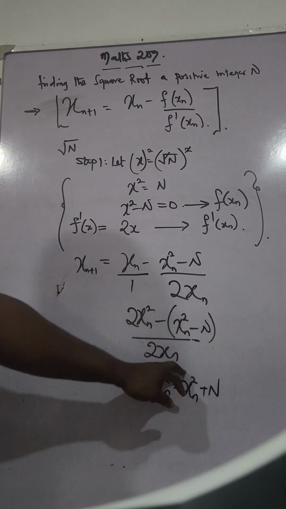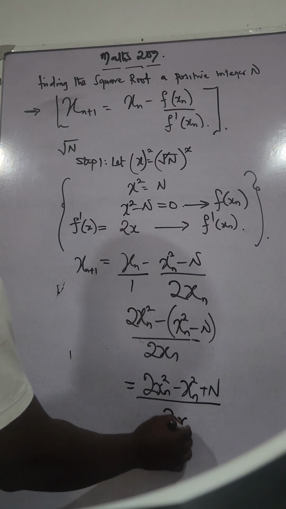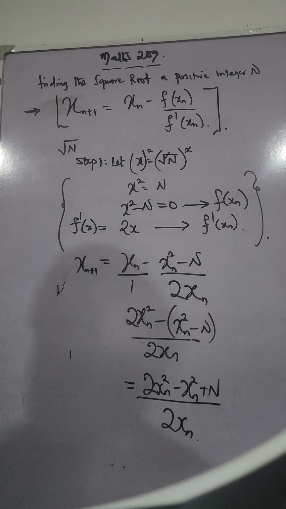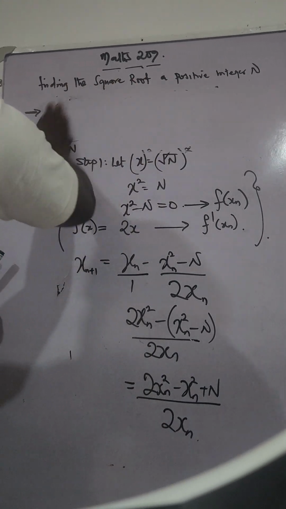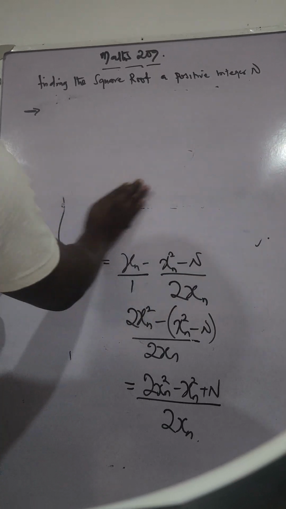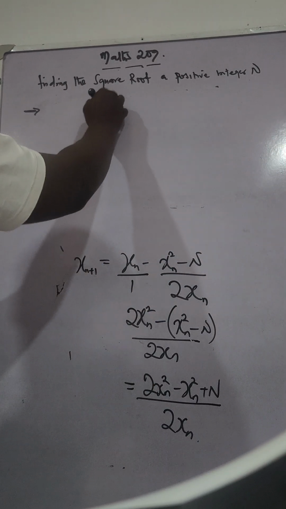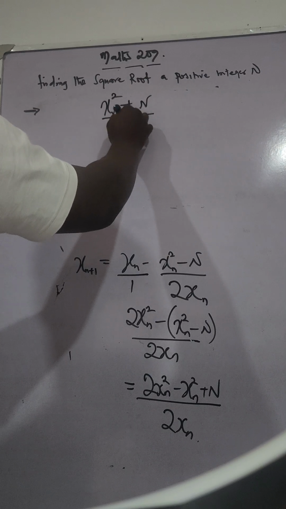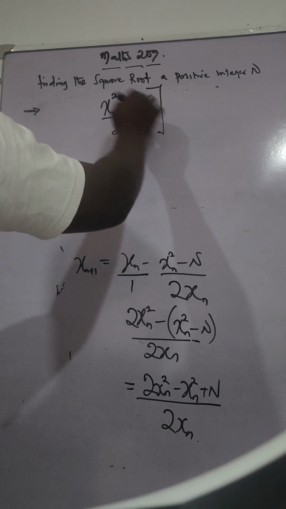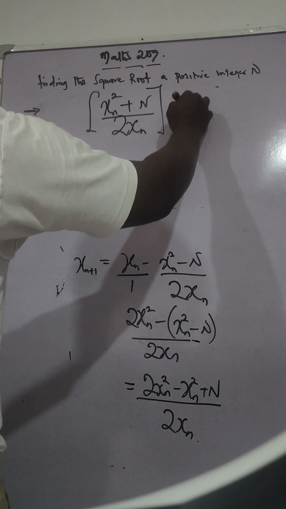Because minus times minus is a plus. Is that clear now? So we divide it by 2x n. Now, what I'm going to have here is x n all squared plus n over 2x n. This is how to find the square root of positive integers.